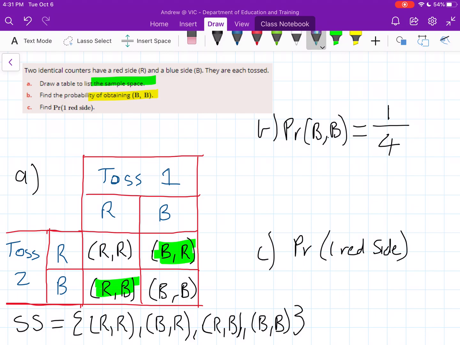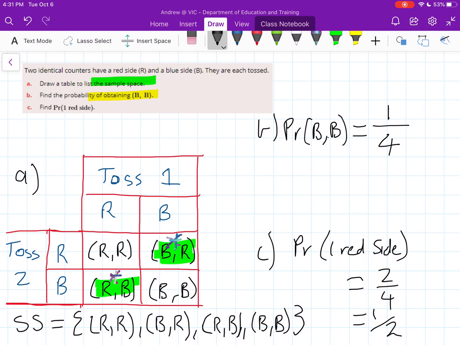It has to have one red side. So this counts out the first one in the top left corner because they're both red. This one here and this one here both have one red side. The other one has none. So this is equal to 2 out of 4, which simplifies down to 1/2.